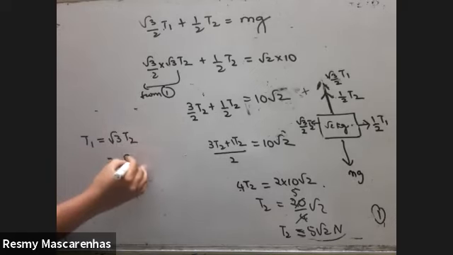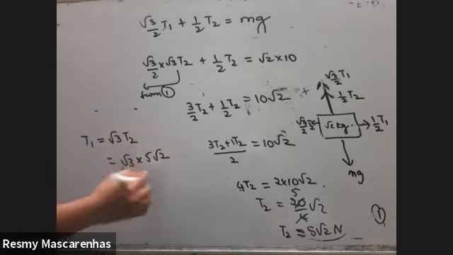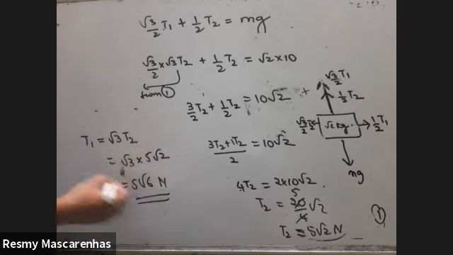This is root 3. So root and root always get multiplied to each other. So 5. So we got both the values, T1 and T2.